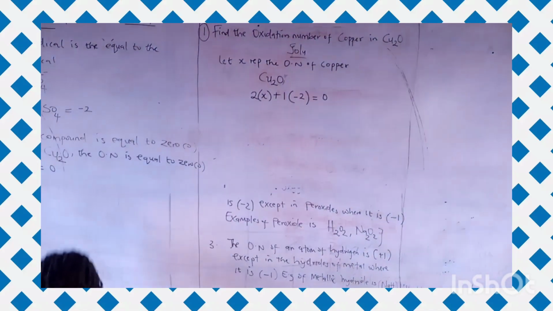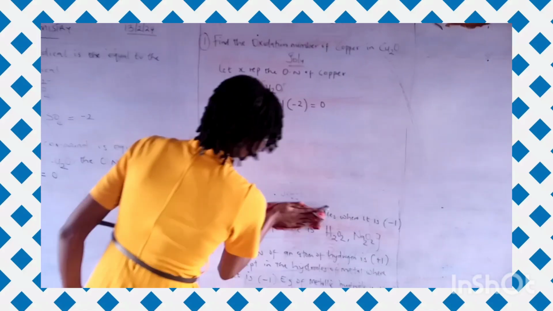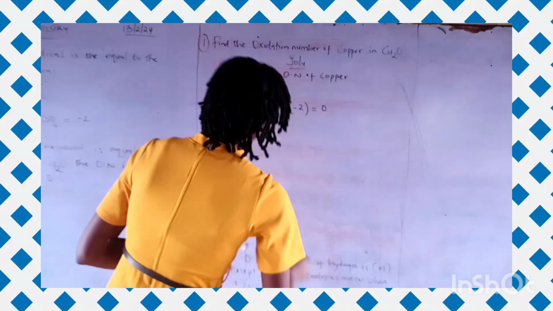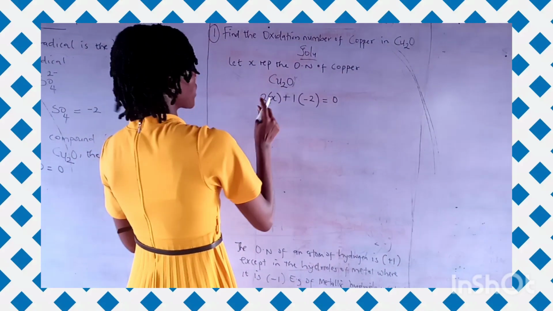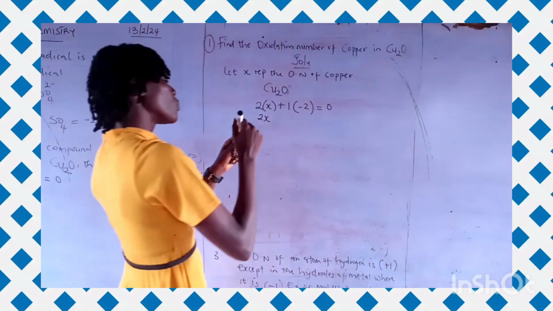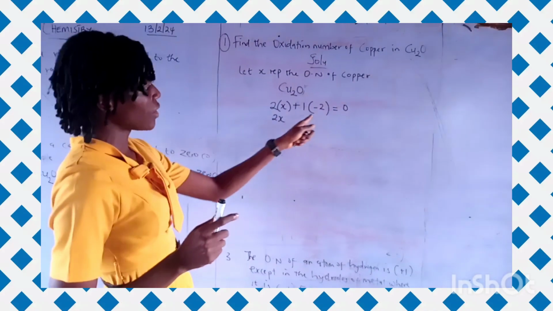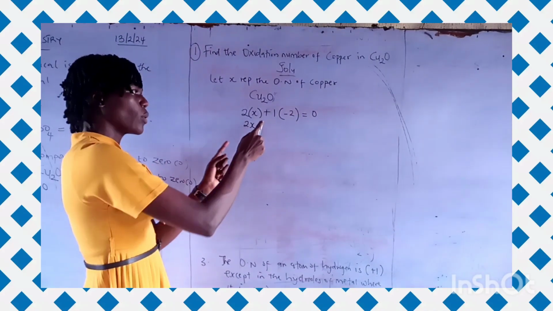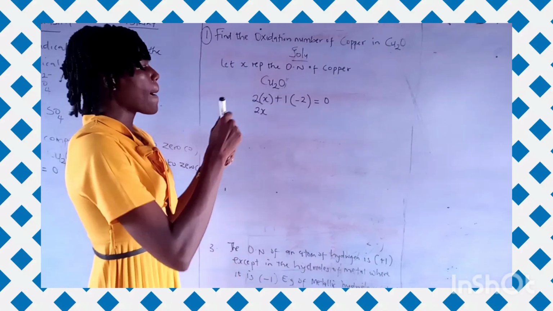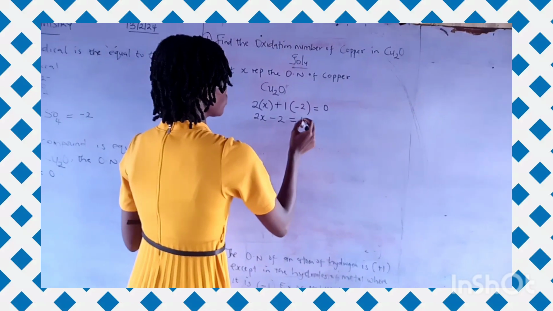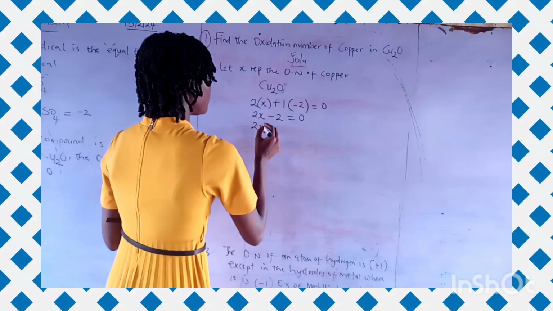So what do we do next? We have to solve, please just follow. So we open up the bracket. 2 times X is 2X. Now, before you bring up your plus sign here, note that there's a minus sign in this bracket, and we have to open up the bracket. Plus times minus is equal to minus. So 1 times this will give us minus 2 is equal to 0. So we have 2X.